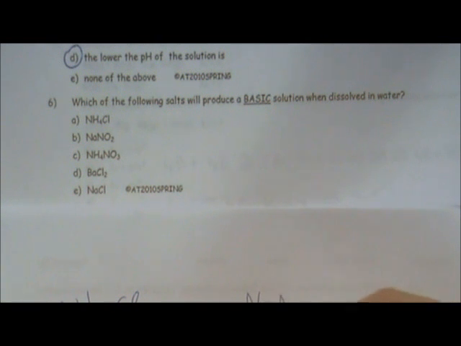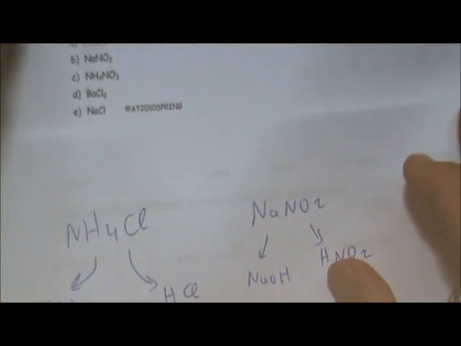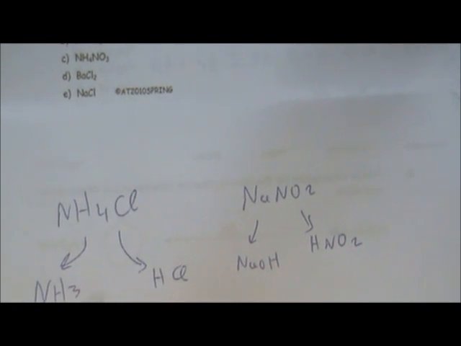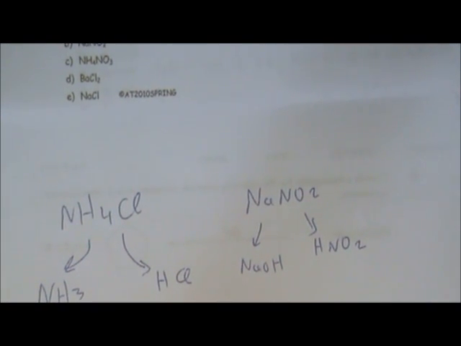Sodium nitrite comes from sodium hydroxide, and this comes from nitrous acid. Ammonium nitrate comes from ammonia, and this comes from nitric acid. Barium dichloride comes from barium hydroxide, and this one comes from HCl.